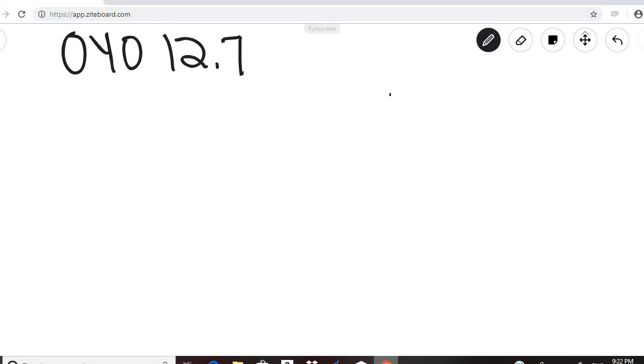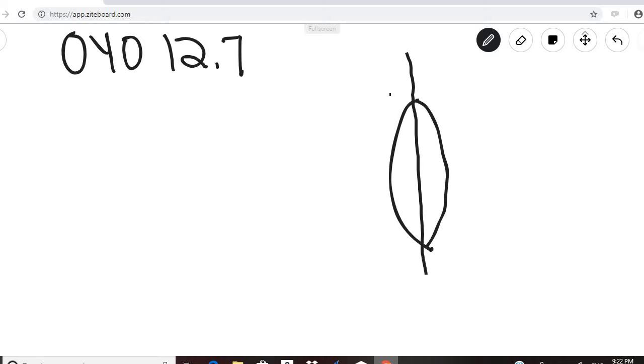Let's do 12.7. Okay, so again, let's draw our lens. And we'll draw it thick, even though we know our lens is really thin.